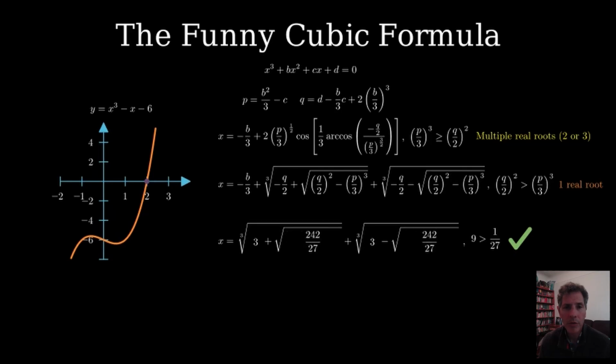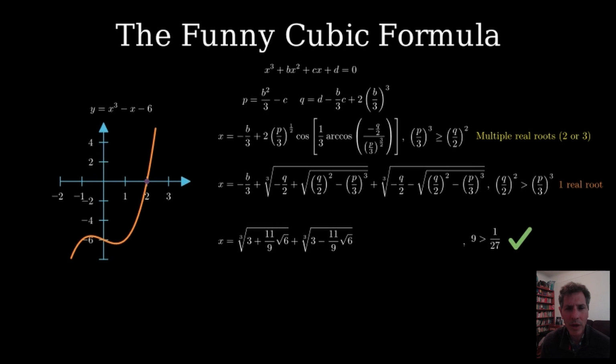We multiply inside the square root by 3 over 3, so we can get 81 in the denominator, which is a perfect square that we can take out of the square root. An 11 squared can also be removed from the square root. We are left with a final expression for x that is not easily simplified. It is the sum of cube roots of nested square roots, and it is unclear what it may equal.